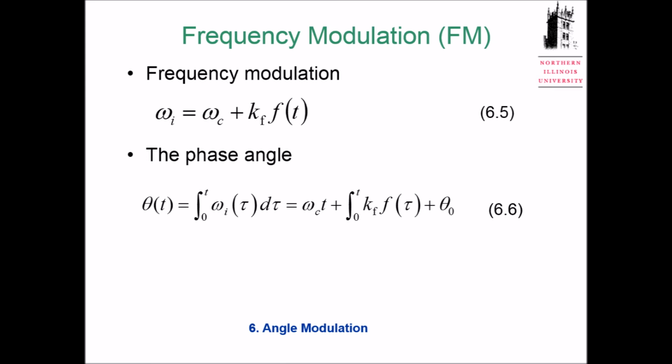Now FM. FM will be the most important thing in this chapter 6. For FM, my instantaneous frequency is linearly proportional to the message f of t. Omega c is still like a baseline, and your frequency will deviate from the baseline depending on Kf, this constant, and f of t, your message.